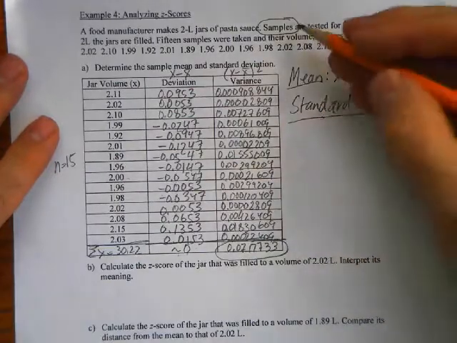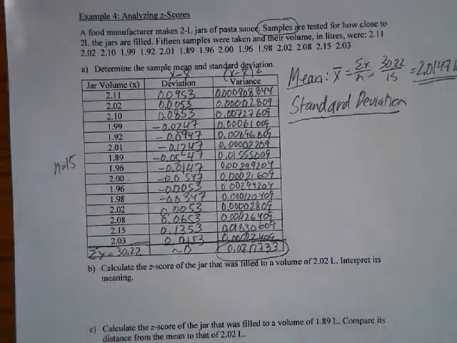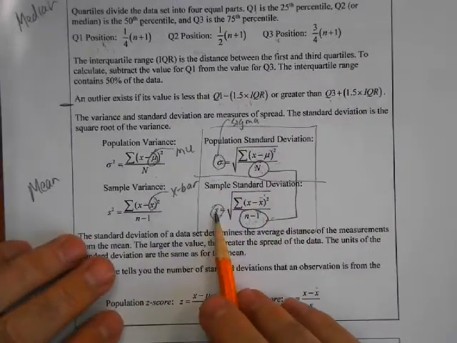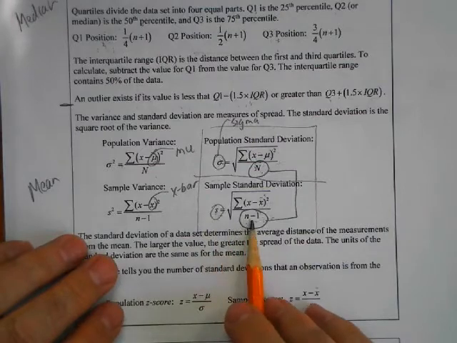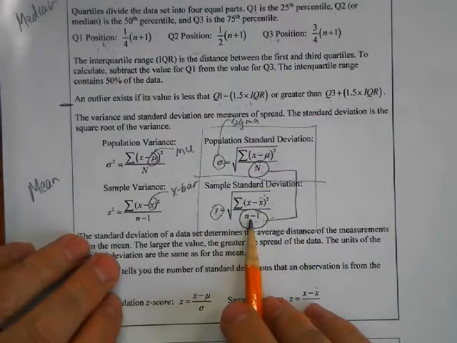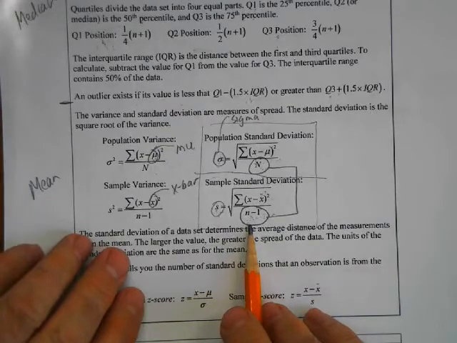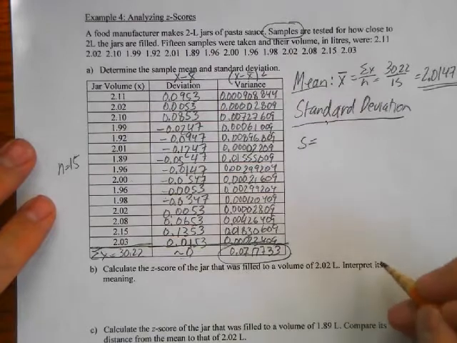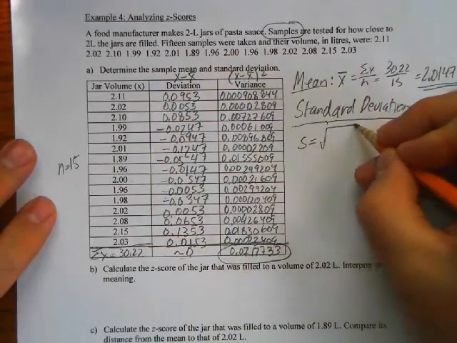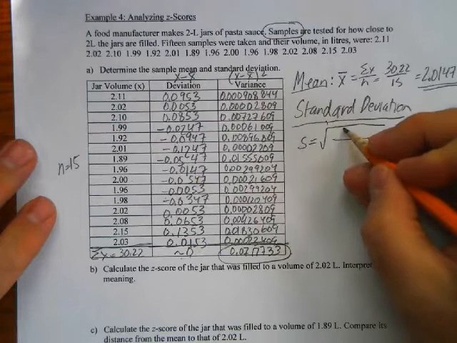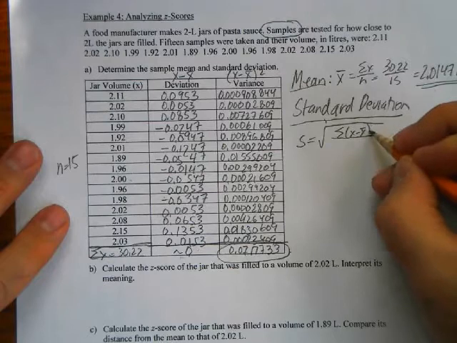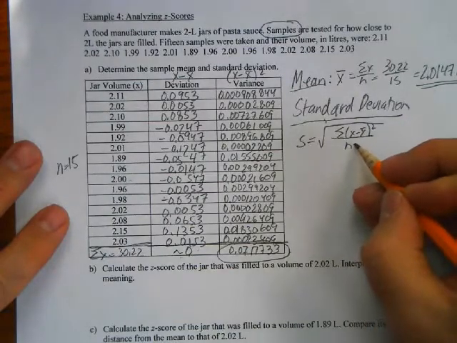Okay, and now since this is a sample, if we go back to my formulas, right, now I want my sample standard deviation, so now I'm going to use the little letter s, and on the bottom over here I'm going to use n-1, which was different than I used on the last example. Okay, so s is equal to, and then on the top within the square root, I've got the sum of my variances, x minus x bar squared, and this time over n-1.